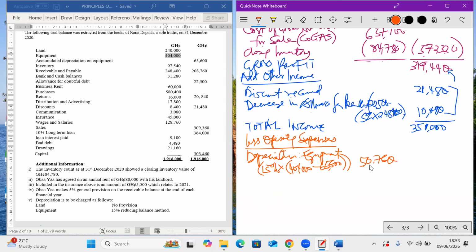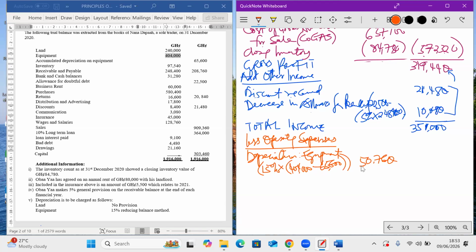So last year, the last two years, we don't know when they got the equipment. Let's say this asset is three years old in the organization. The first year they bought it, what was the depreciation? They will write it down. The second year, when they use the equipment, they will charge depreciation and add it to the previous year's. So we will have depreciation for two years.